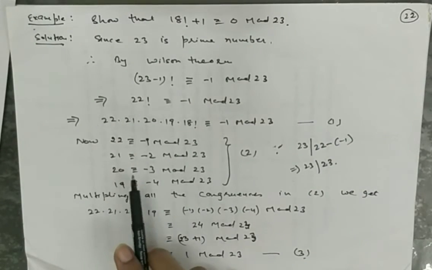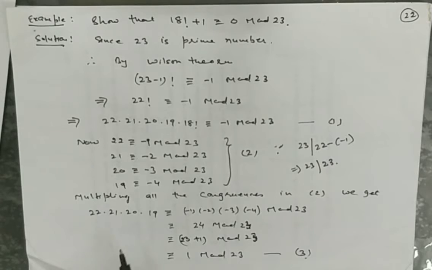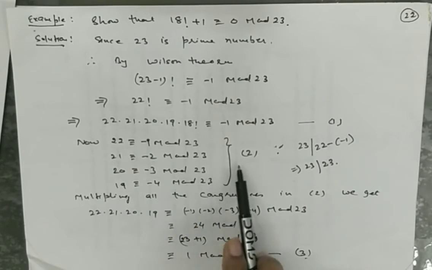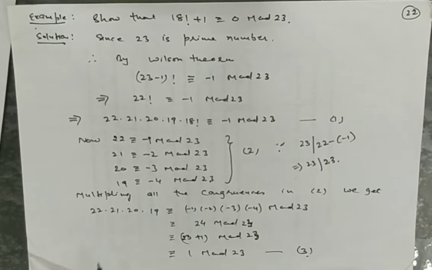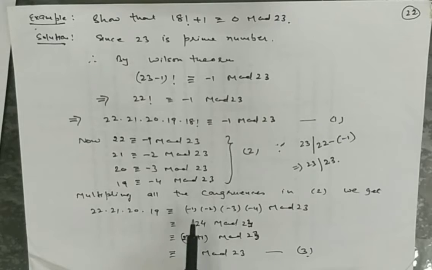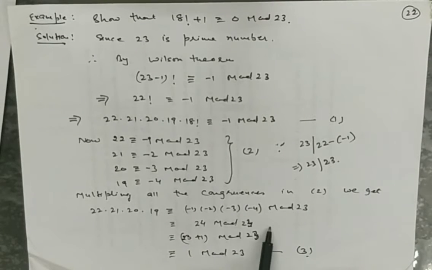Similarly for the other congruences. So multiplying all the congruences, we get 22 into 21 into 20 into 19 is congruent to minus 1 into minus 2 into minus 3 into minus 4 modulo 23, and that is congruent to 24 modulo 23.